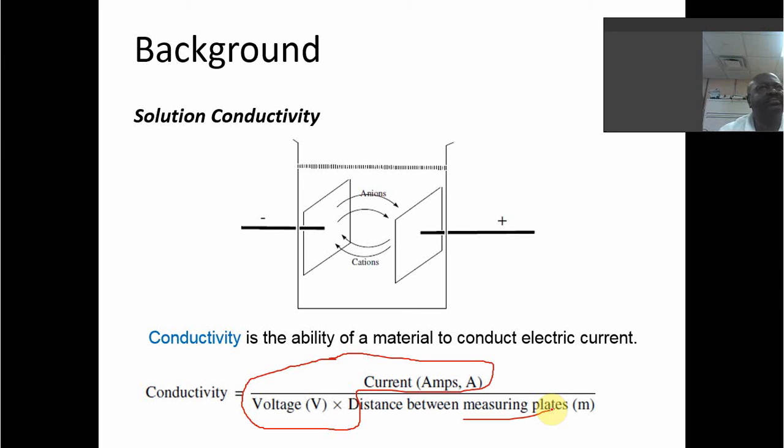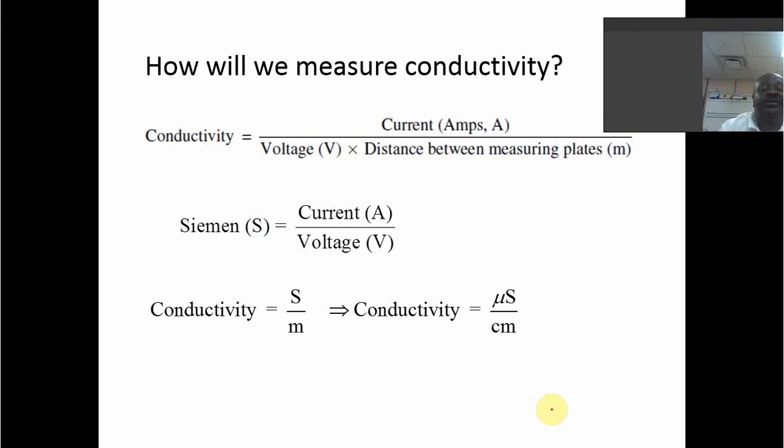We like names. Somebody decided that this current over voltage was going to be called a Siemens, abbreviated S. So conductivity then is Siemens per meter, but that happens to be such a very big unit. It's like counting irregular persons' income in billions.